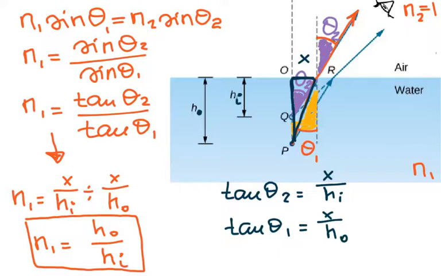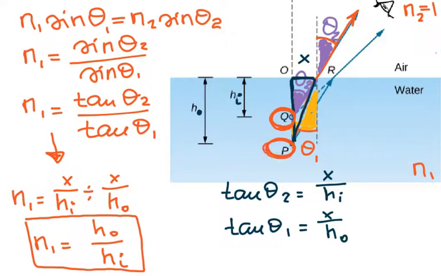So we have just derived the formula of the relationship between the index of refraction and the apparent height of the object. So hi is where the image of the object appears. This is where the image of the fish would appear, and this is where the fish is in reality.